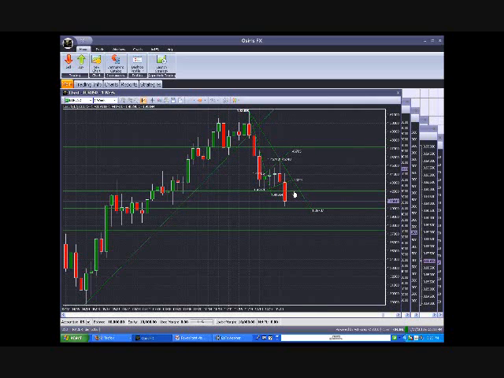Actually, if you step out even further here, we broke this support. That's now probably going to be retested as resistance, but as long as we stay below there, certainly there's no upside. This is the 40 level psychologically and options-wise. Business really wants to get done at that level.